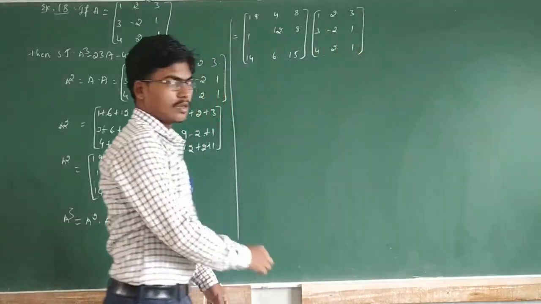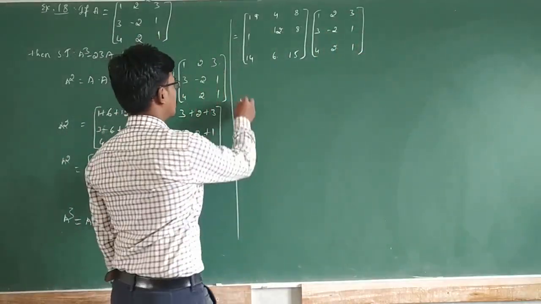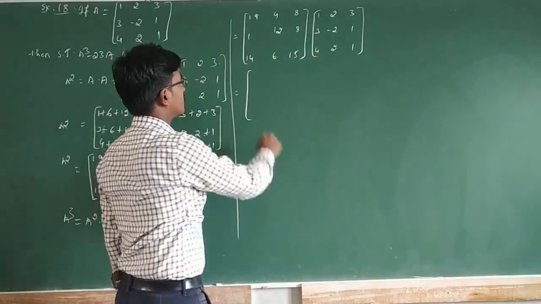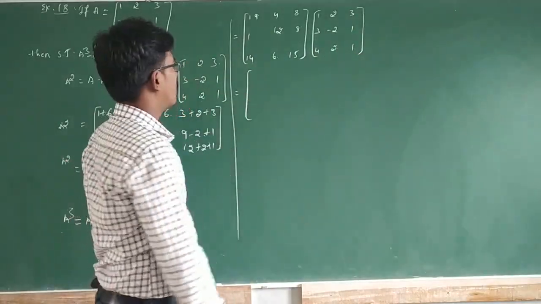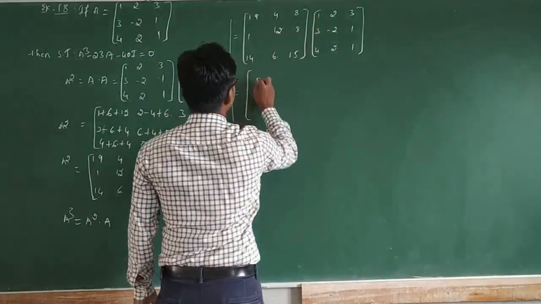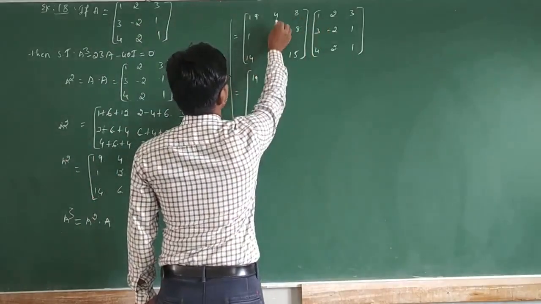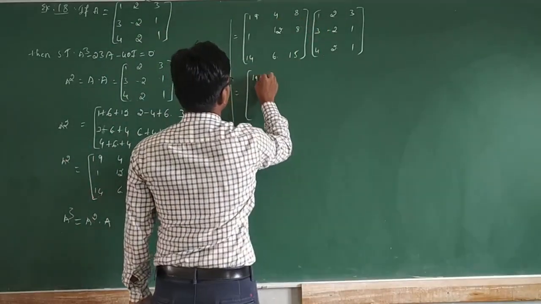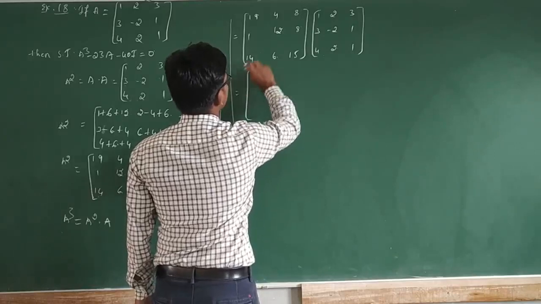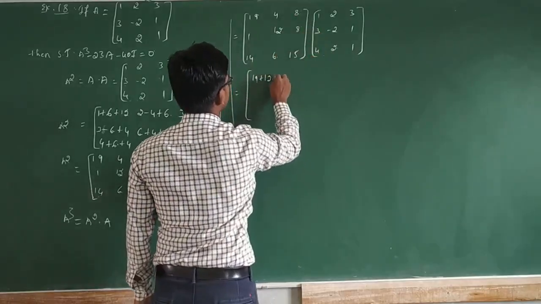Same procedure, row into column. Take the first row and multiply with each column: 19 into 1 is 19, next 4 into 3 is 12, 8 into 4 is 32, total 30.